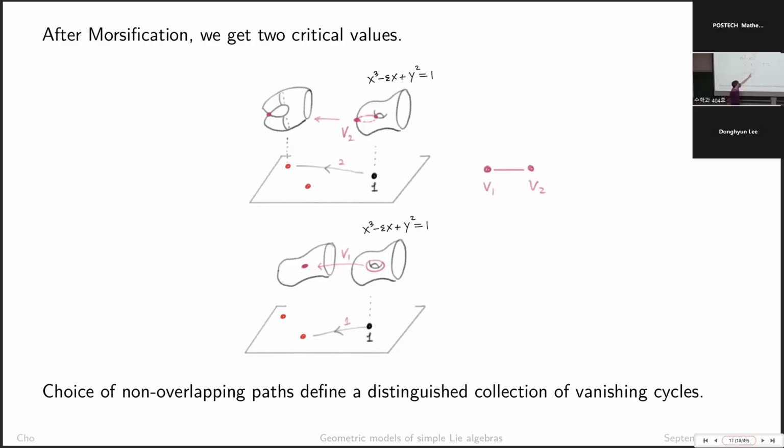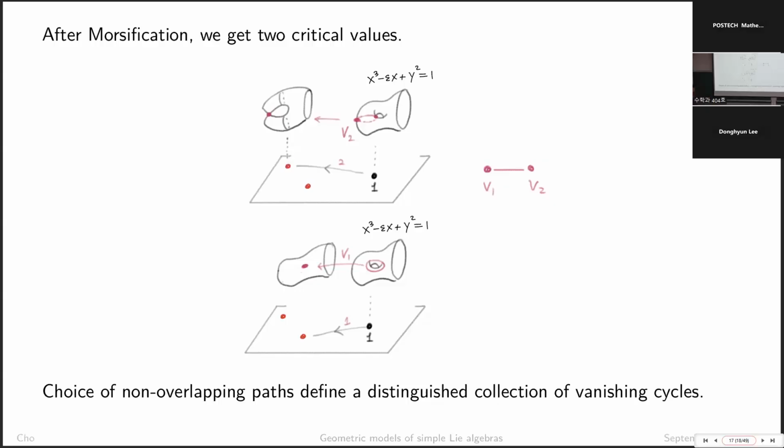Then in the solution space, some circle somehow collapses to a point. So this is the vanishing cycle for this path. And for the second path, you have another vanishing cycle. And you can see that these 2 vanishing cycles intersect like this. So you have vanishing cycle 1 and vanishing cycle 2, intersecting at a point.